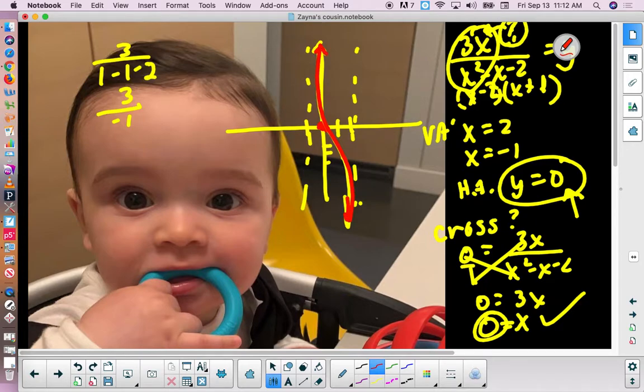Okay. Now I'm going to fill in a number after 2, like 3, even if I don't see it on my screen. And if I fill in 3, I get 9 over 9 minus 3 minus 2, 9 over 4. So it would be 2.25. So that means it sits in this pocket.